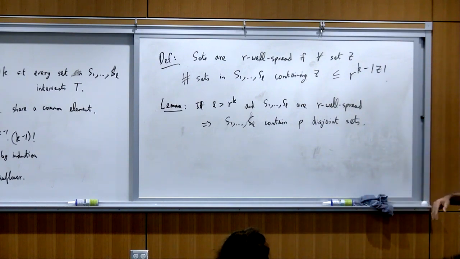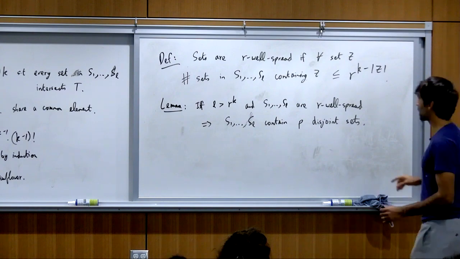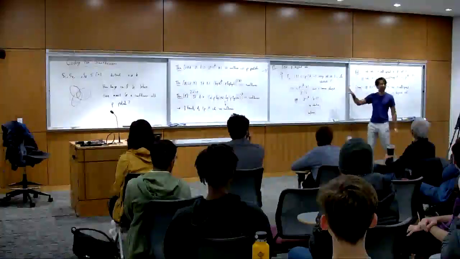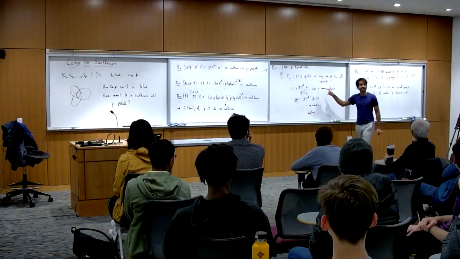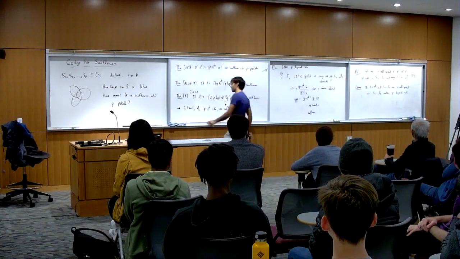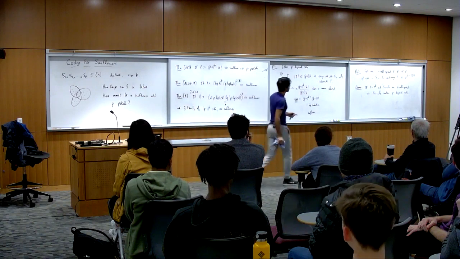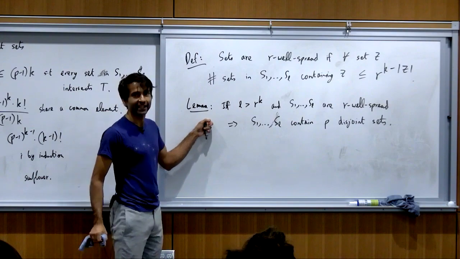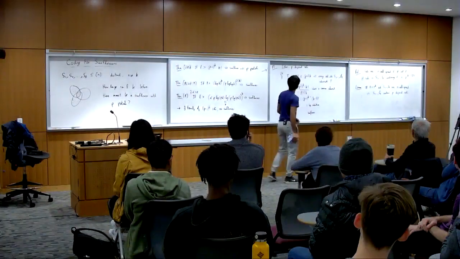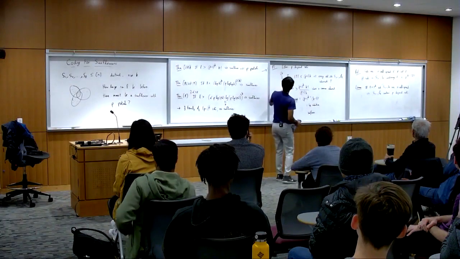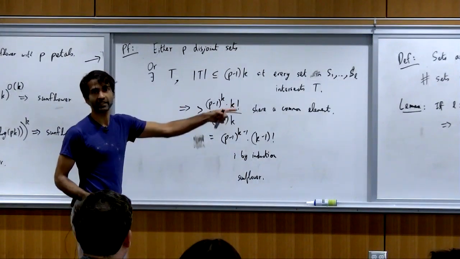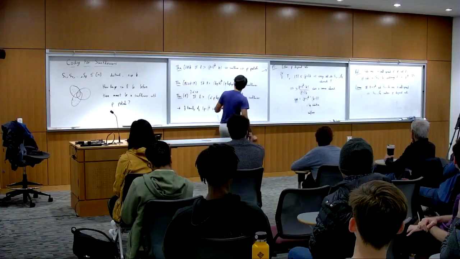That's the key technical lemma. Once you have this lemma, you can plug it into this proof, and it's basically going to work out. This lemma is the analog of the greedy algorithm here. So let's change this proof now, assuming this lemma, and prove the main theorem we want.